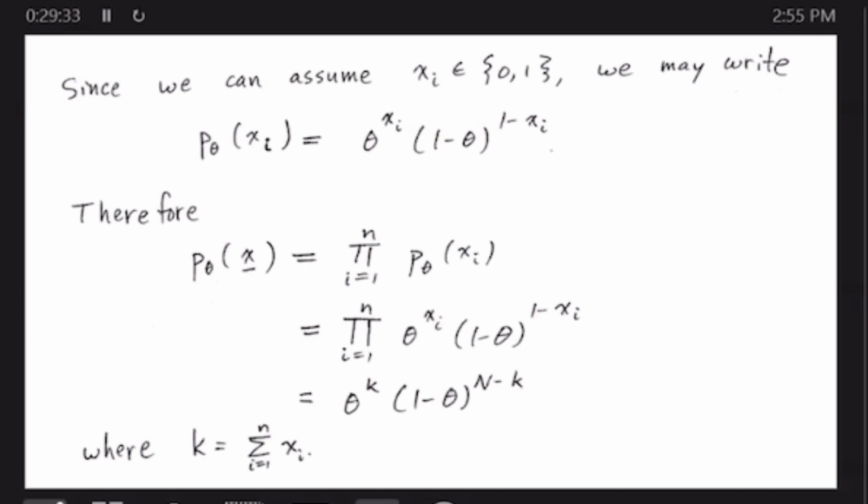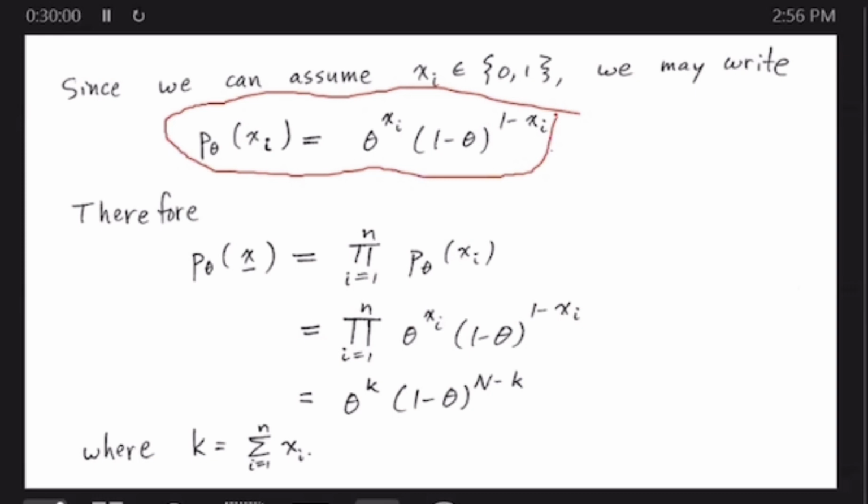The very first thing is to get the likelihood of the Bernoulli distribution. What do I mean by likelihood? The likelihood is when you have a joint distribution. This is the expression for the probability mass function in a Bernoulli distribution.